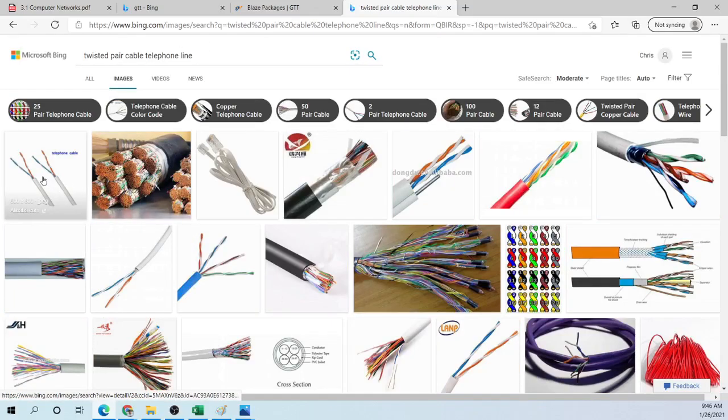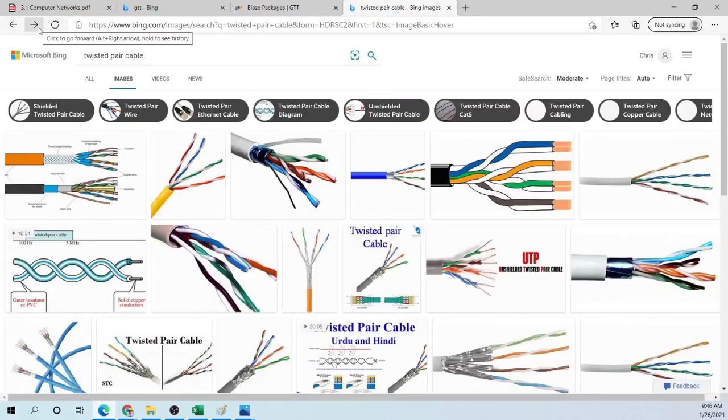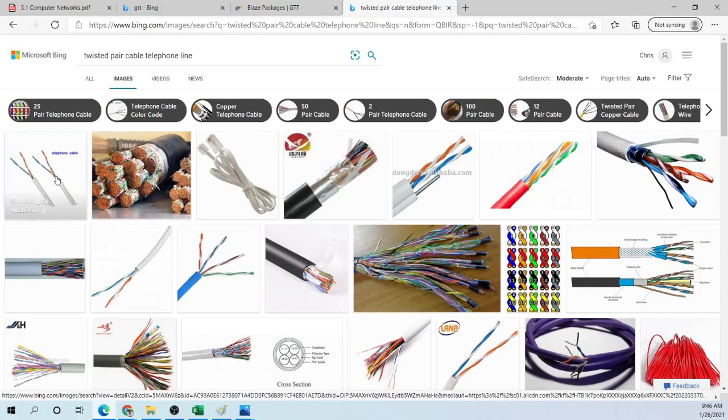So the one in your home would only have two cables inside of it. So if you guys ever get a chance to look at it, if you get an old cable, maybe you could cut it to look inside of it. You will see that there's only two cables inside of it.